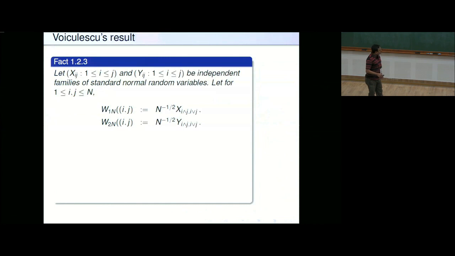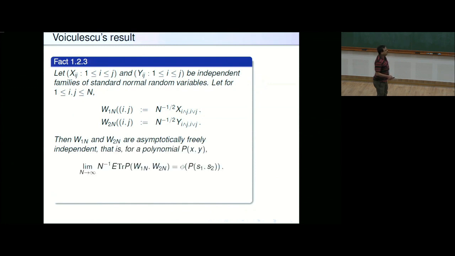Okay, so this is the seminal result of Voiculescu, which essentially connects these two worlds, classical and free. So I've stated one of the most basic versions. I mean, it's true in much more generality. So I start with two independent Gaussian random matrices. Then W1n and W2n are asymptotically freely independent.